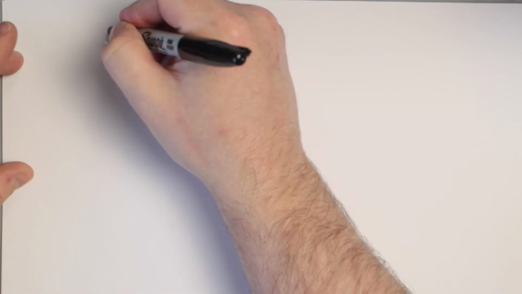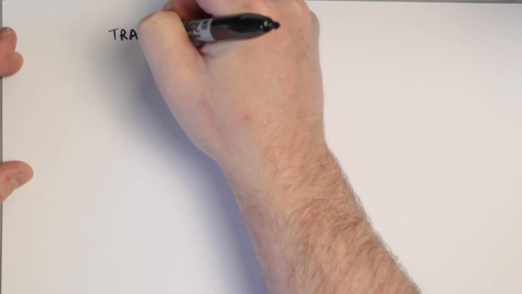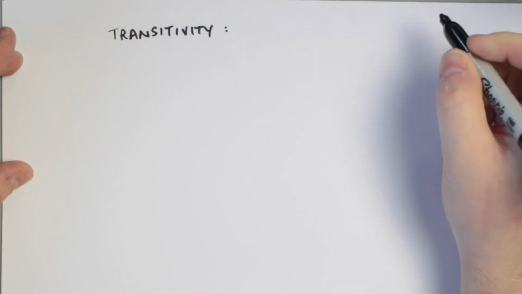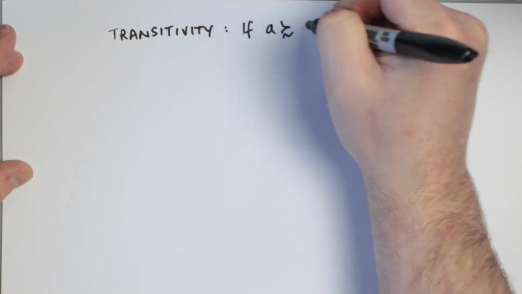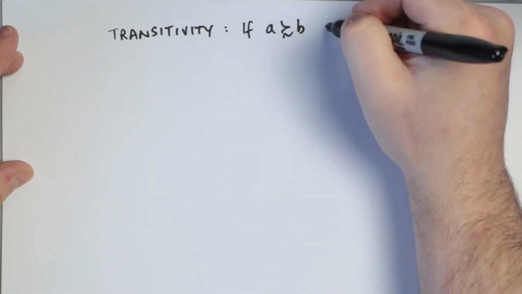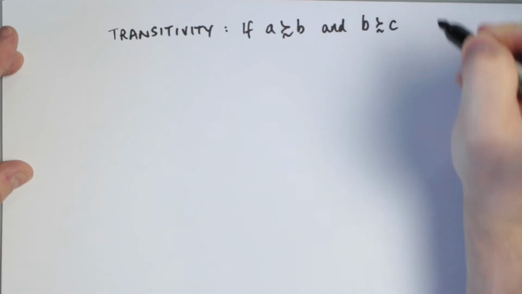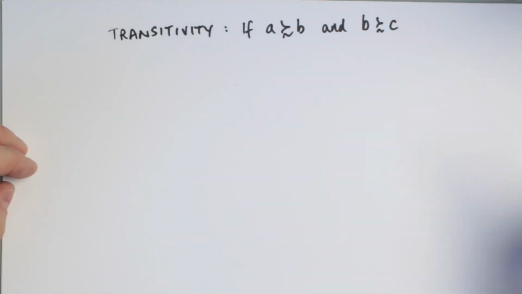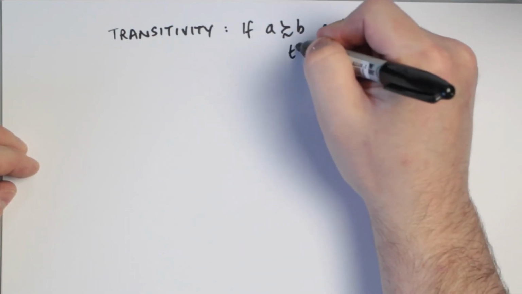So let's have a look at the axiom of transitivity. One more time, transitivity says that if the consumer prefers A to B and the consumer prefers B to C, so they're comparing 3 bundles of goods, then I don't need to ask them whether they prefer A to C. I am going to assume that they do.